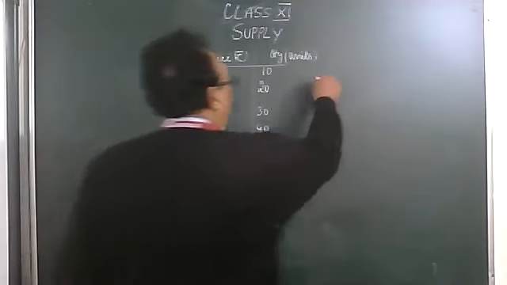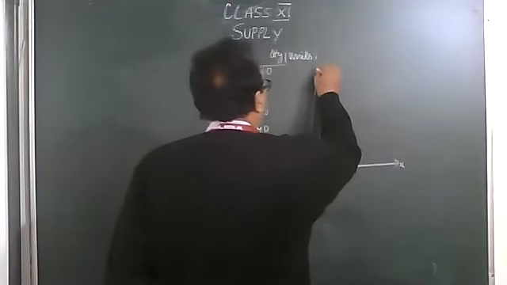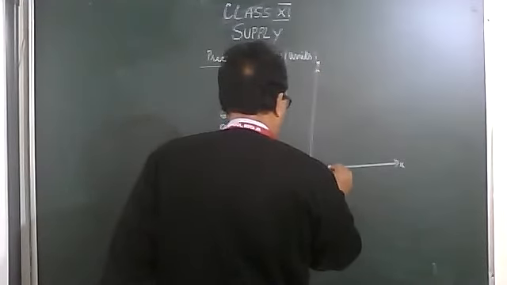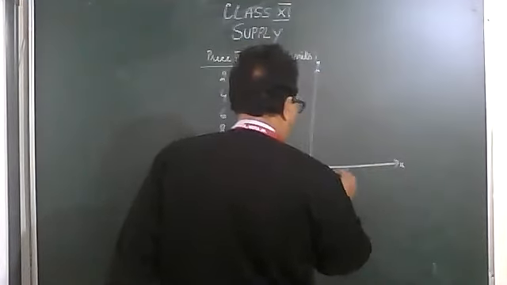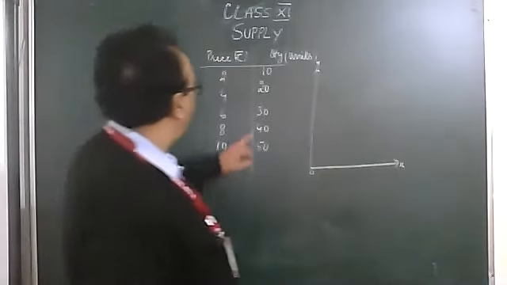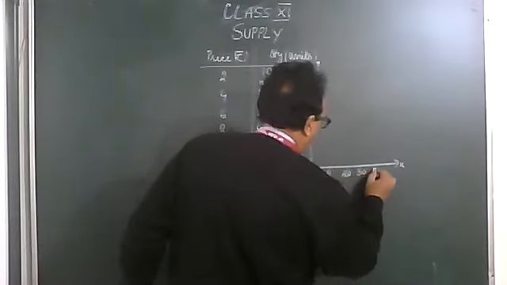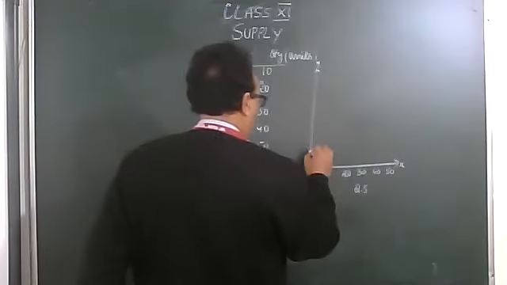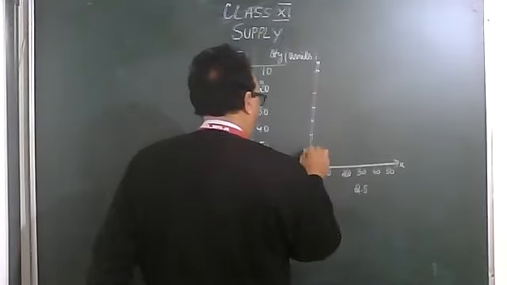So when we draw the graphical representation of this schedule, we take the quantity supplied on the x-axis, 10, 20, 30, 40, 50, and we take the price on the y-axis, 2, 4, 6, 8, 10.